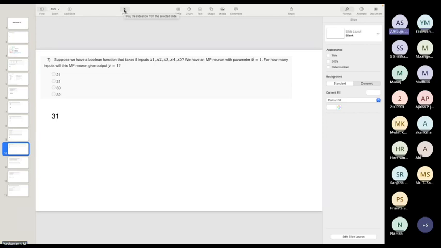I had a question on this kind of problem. Say if one of the inputs is inhibitory, does that mean it will not give the output as 1, or should we try a different combination? Can you come again?